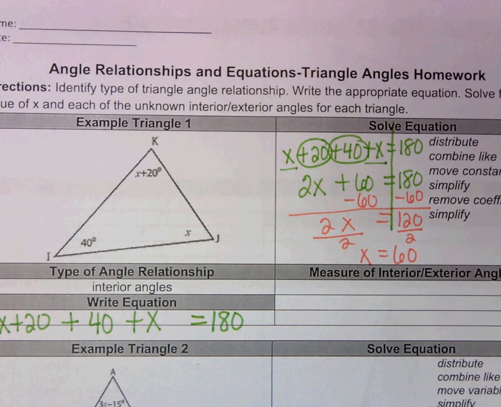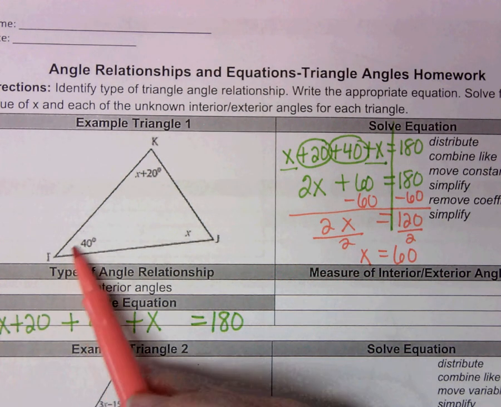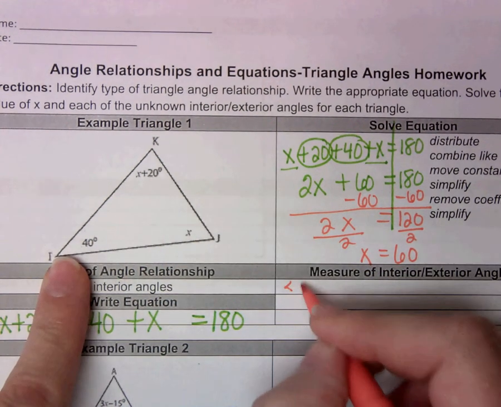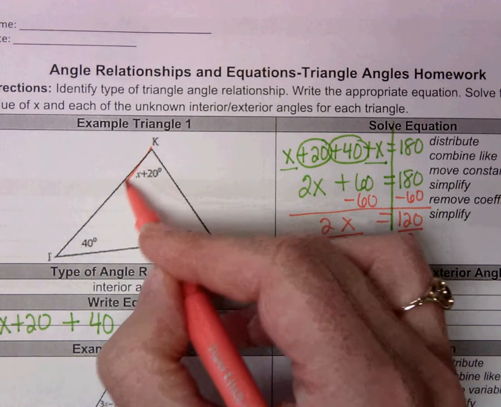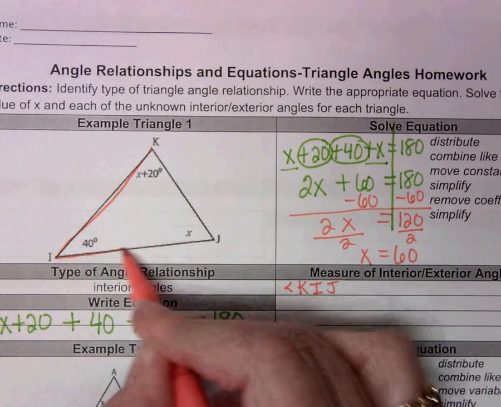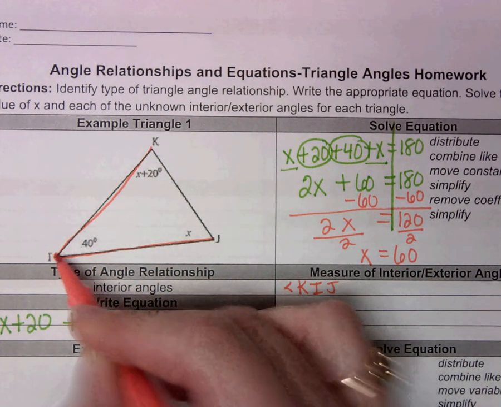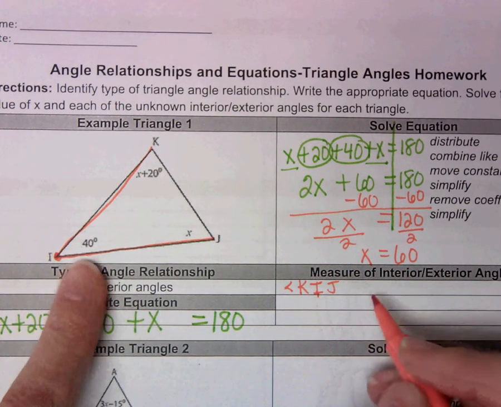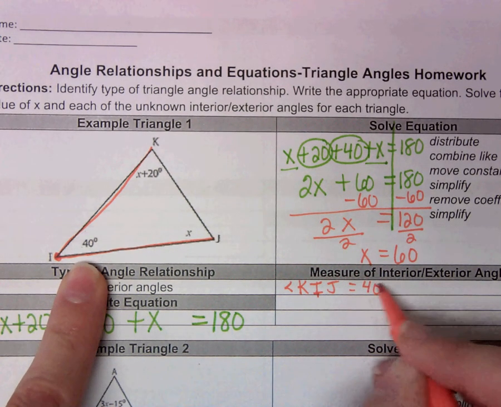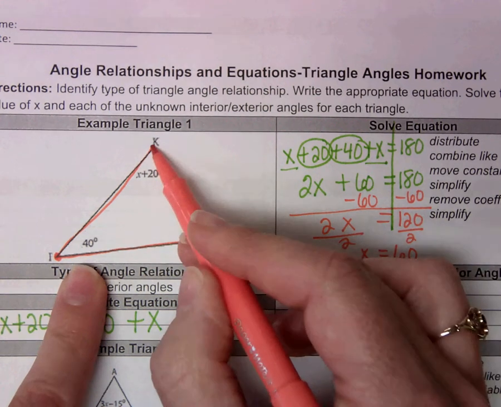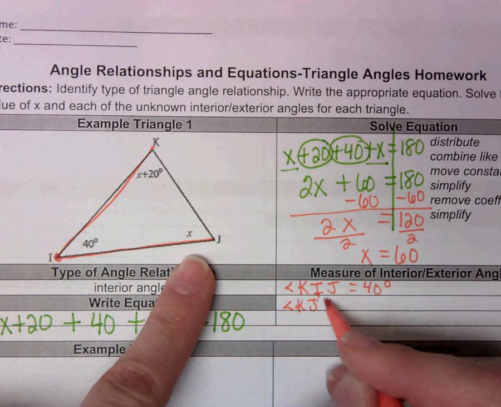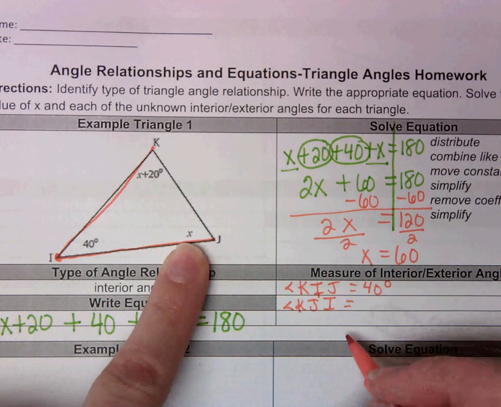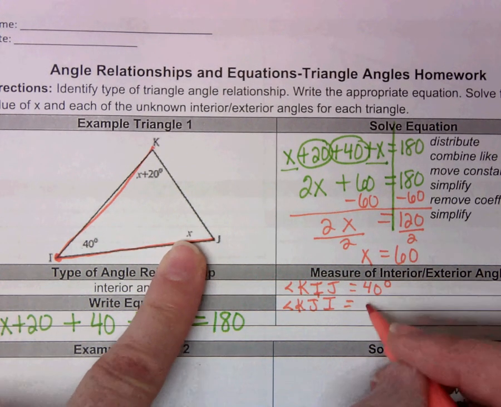And so now what is the measurement of our angles? So we already know that angle KIJ, I just want you to see how I'm naming that, because you will see it like that. The vertex is always the middle letter. KIJ, we already know, is 40 degrees. KJI is just x, so that means it would be 60 degrees.